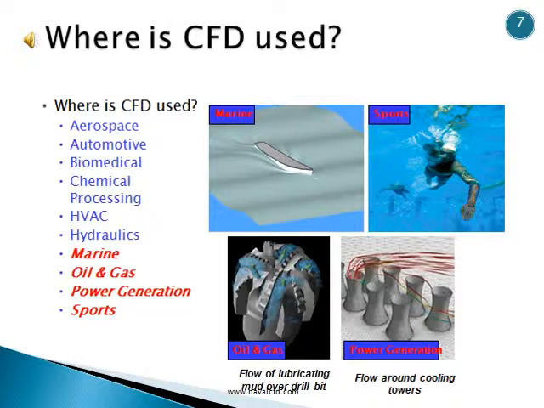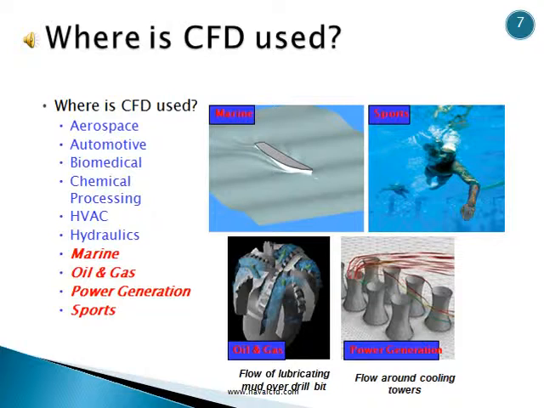Then there is the oil and gas field, which is very important nowadays. Offshore structures are growing like anything, so CFD is extensively used there. Of course, power generation as well.